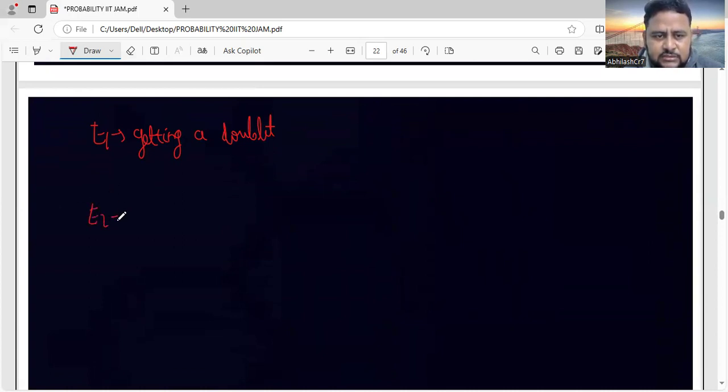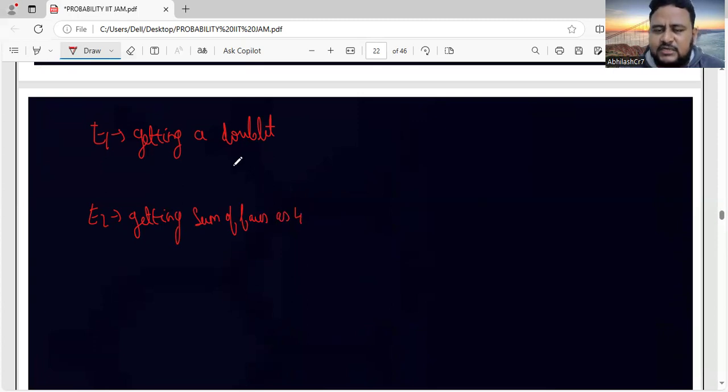Event 2 is getting sum of faces as 4. Now, first of all, most of you will not understand what is meant by doublet. Doublet means both the faces show the same number. How many are there here?